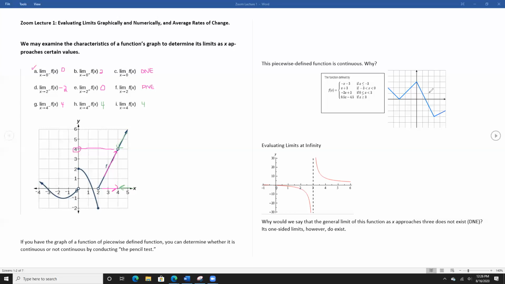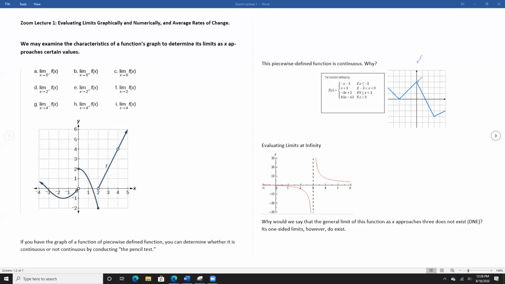So let's look at another example. Let's look at this piecewise defined function here. The reason this is piecewise defined is because this is a function that is comprised of several other functions, just as the previous function was.